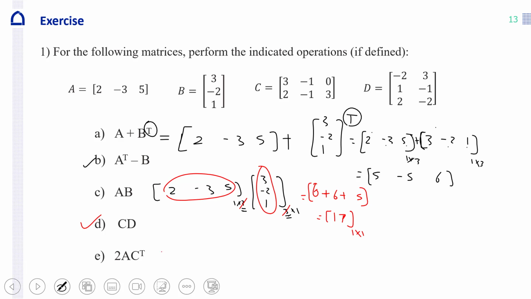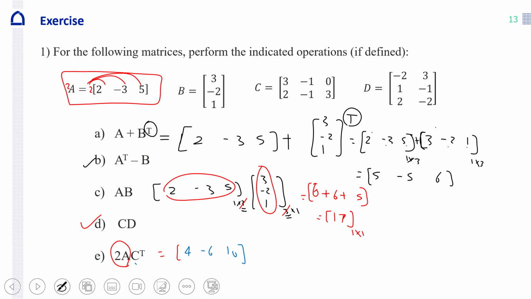Here, first you multiply 2 times A. A is here. When I multiply it by 2, it means I multiply each element here by 2. So I have 4 minus 6 and 10. Okay.